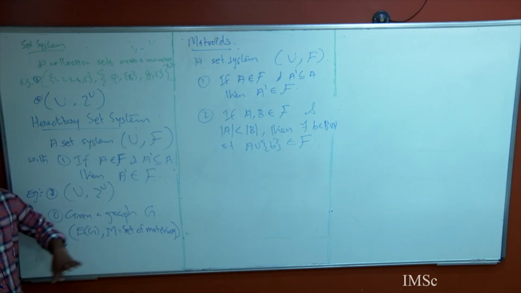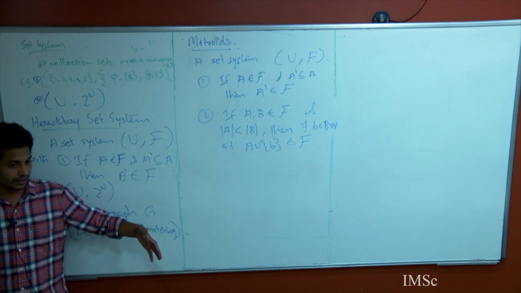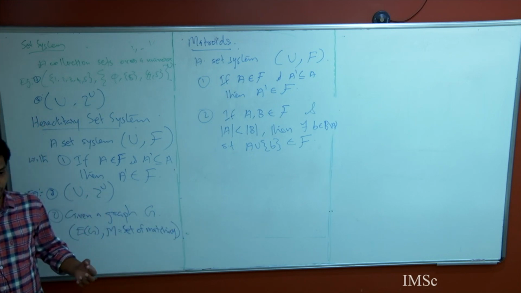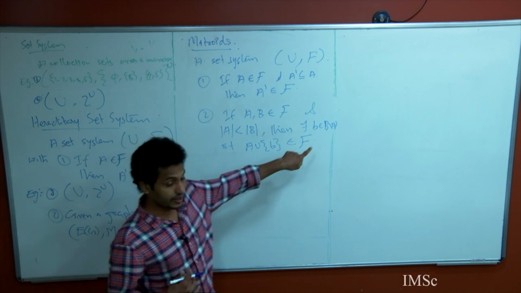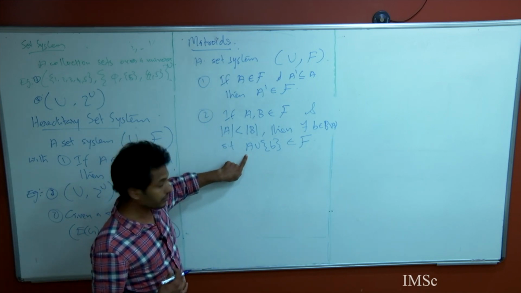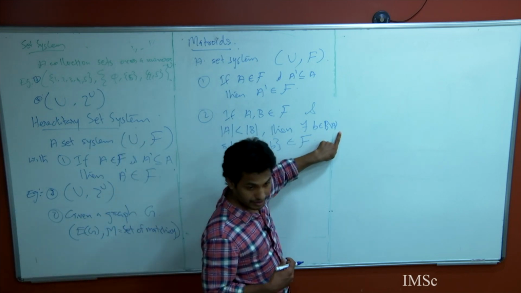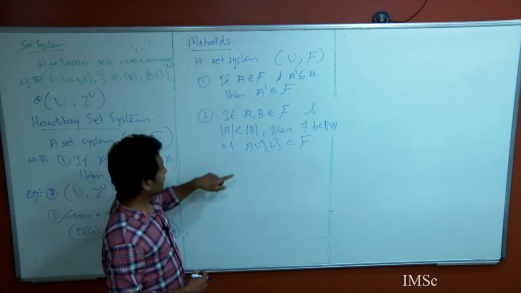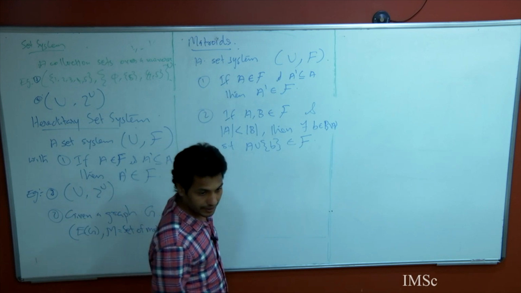So if I have two sets in the family, A and B, and B is strictly larger in size than A, then I should always be able to find an element in B minus A, a new element, that can be added to A such that the result is in F.